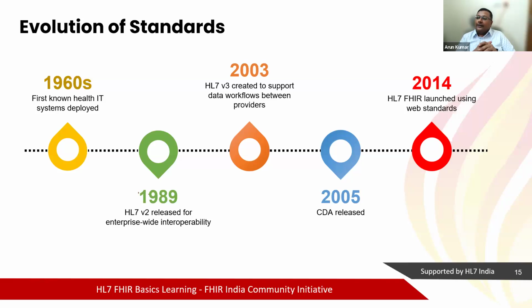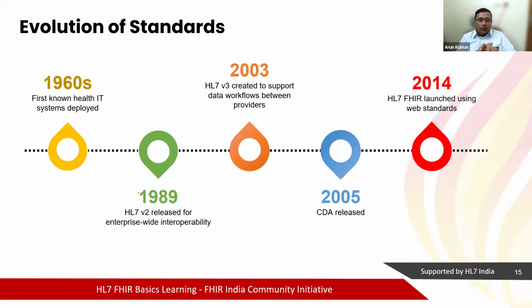In 2003, HL7 V3 was created basically to have data workflows between various providers. And as part of V3, the CDA was released. While V3 itself is considered not a success, what came out of V3, which is CDA and CCDA, the Clinical Document Architecture, continues to be used even today.